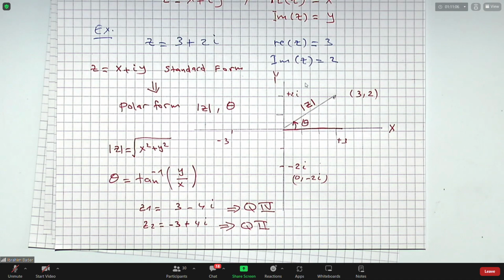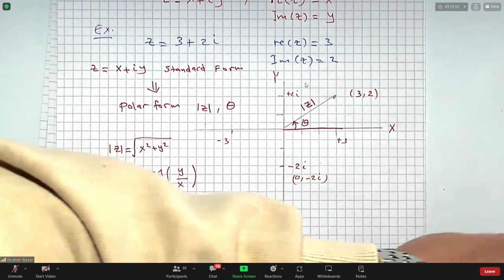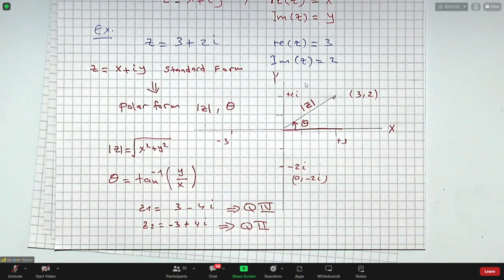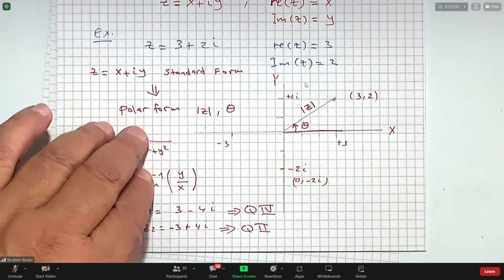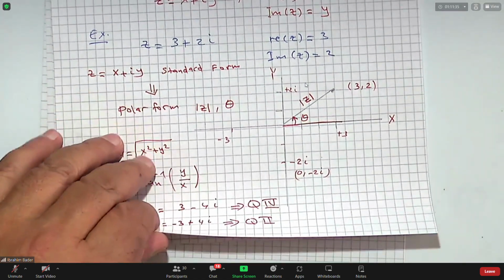And in terms of radians: 0 to pi over 2, pi over 2 to pi, pi to 3 pi over 2, and 3 pi over 2 to 2 pi. Okay. So evaluating the corresponding polar coordinate is important.